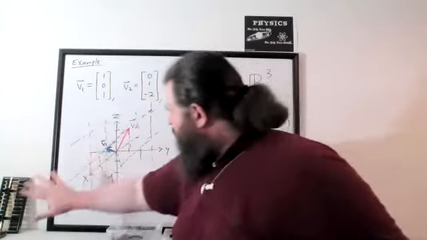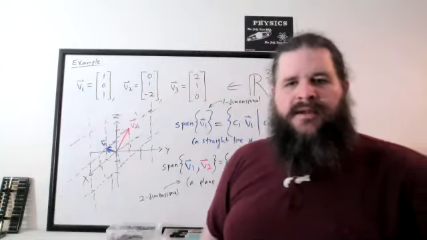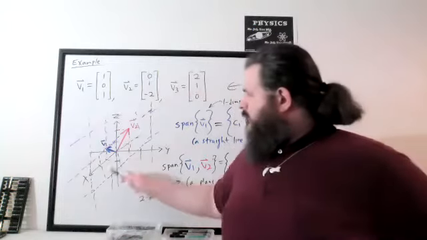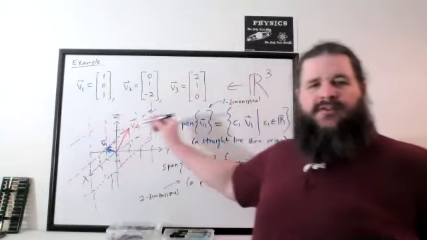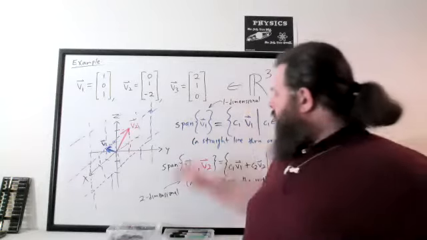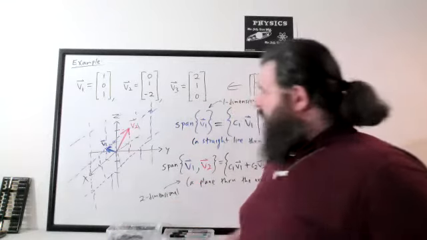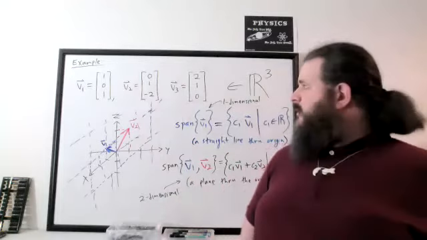We've got this plane defined by vectors v1 and v2. But if we had a third vector, v1 and v2 alone just allow us to travel anywhere on this plane. A third vector would allow us to leave that plane. So adding in this third vector, if we take a look at the span of all three of them, should give us everywhere in the universe, a three-dimensional space. Except there's one slight problem.